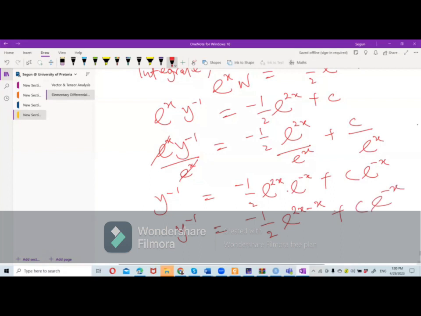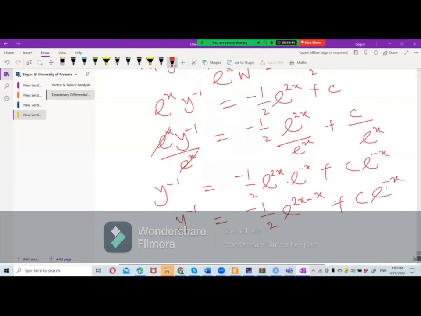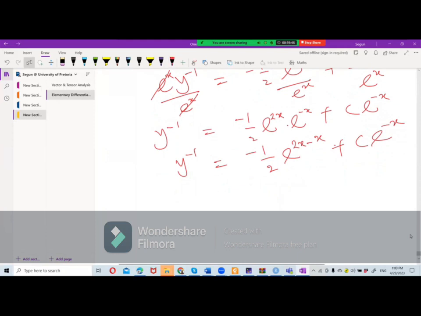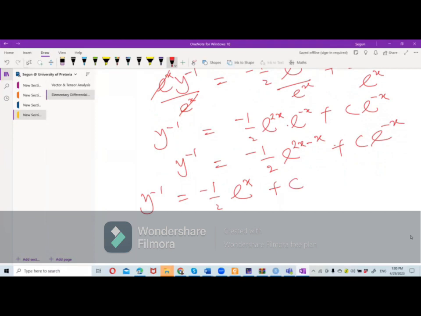So at the end of the day, when you solve this one clearly, what do you get here? You have y raised to power minus 1 equals to minus 1 over 2 exponential x plus c, because constant multiplied by anything is still constant. But in this case, I have 1 over y equals to minus 1 over 2 exponential x plus c.